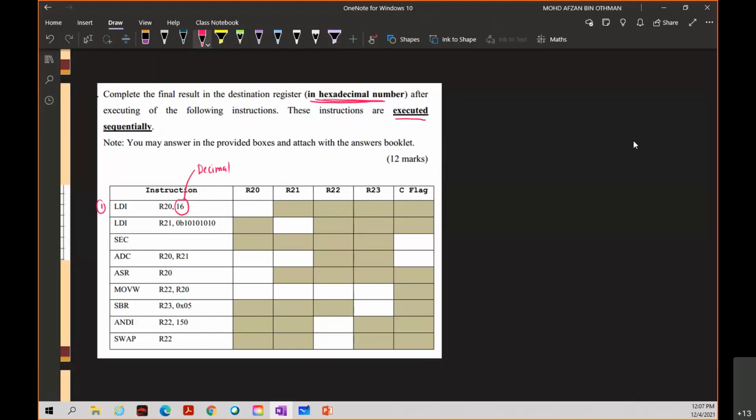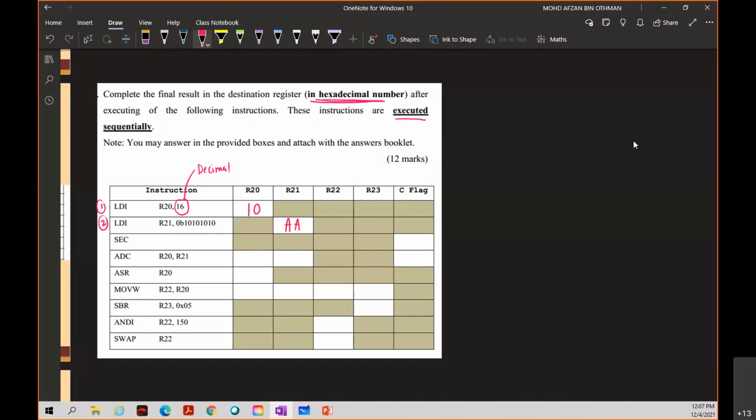So 16 changed to hexadecimal gives you 10. What about the second instruction? LDI R21, 0B10101010. So what would be your R21 value? AA.